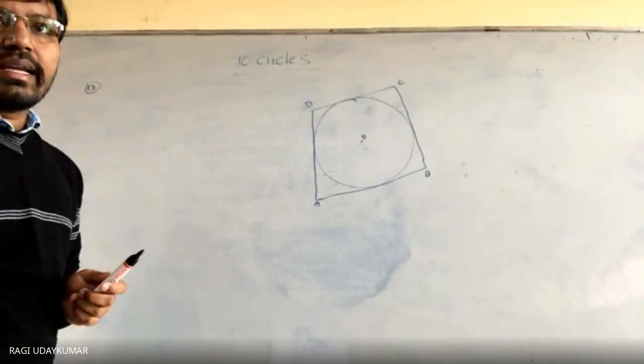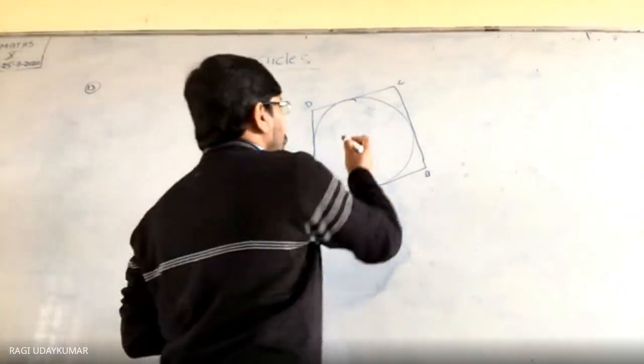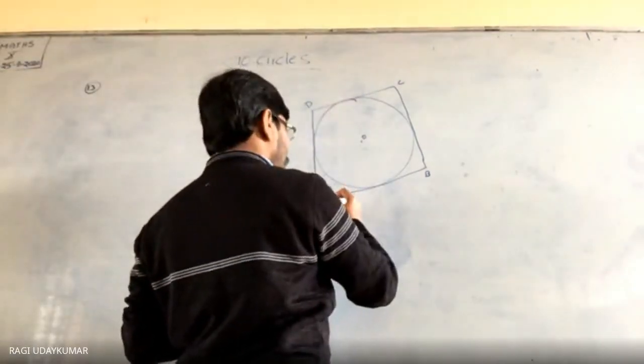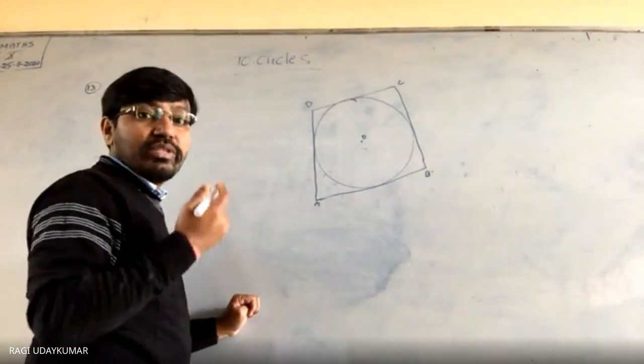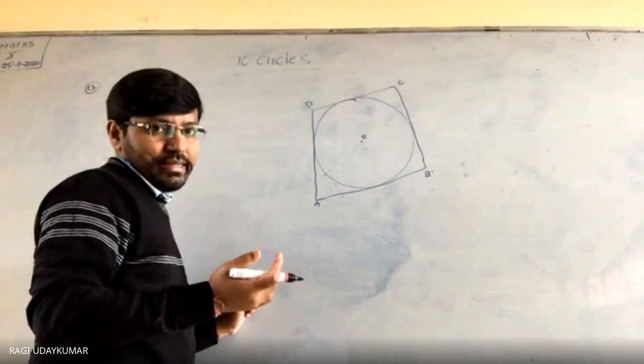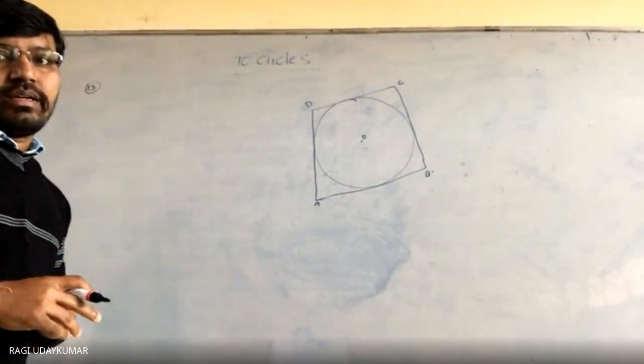Yes, sir. So here the quadrilateral is circumscribing the circle. What do we need to prove? A, O, B, opposite sides. What is given in the question? Opposite sides of the quadrilateral subtend supplementary angles at the center.